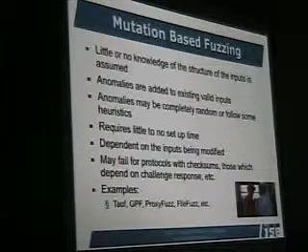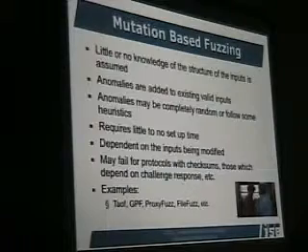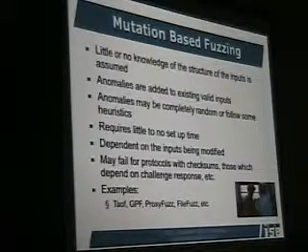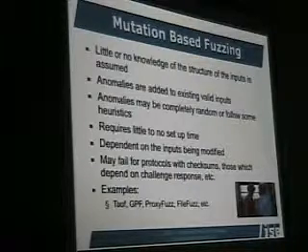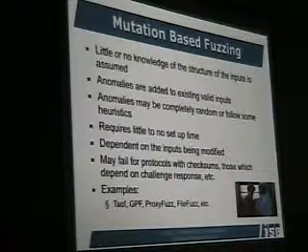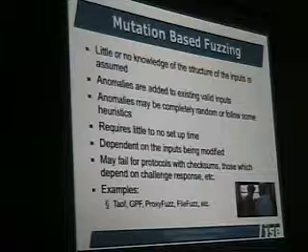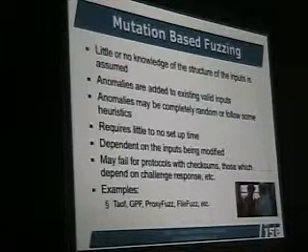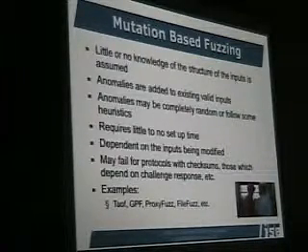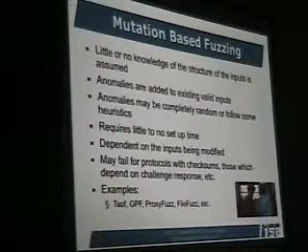The anomalies you add can just be random. Like, I add a bunch of A's, I could start flipping bits, whatever I want to do. Or they could follow some sort of heuristic. Obviously, adding a lot of A's, there was a reason for that: I was hoping maybe to find a buffer overflow. I added some %n's, and there's a reason for that: I was hoping to find a format string bug. So the changes you make can have reason, or they can just be random. Basically, it requires no time to set up.